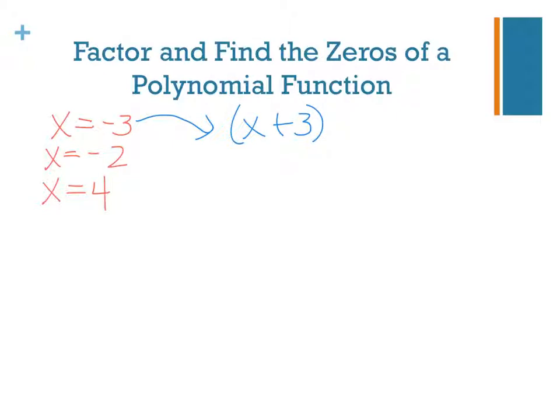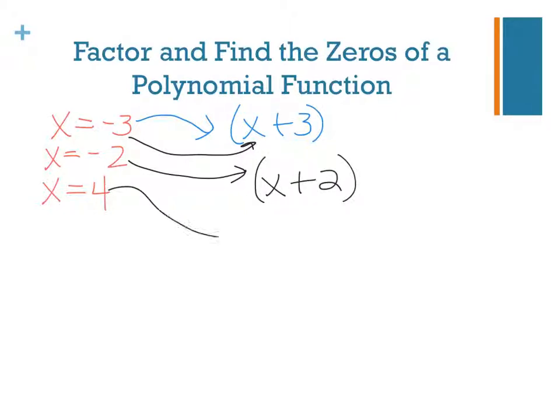Because if I were to substitute -3 in here for x, -3 plus 3 would equal 0, and we know that -3 is the zero of the function. So, moving forward, if x equals -2 is a zero of the function, that means x plus 2 has to be a factor. And if x equals 4 is a zero, then x plus 4 is a factor.